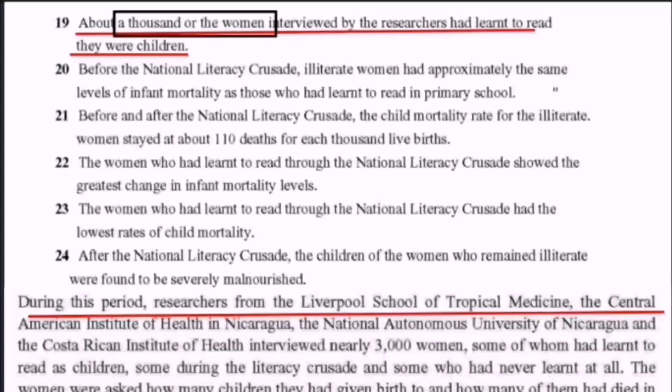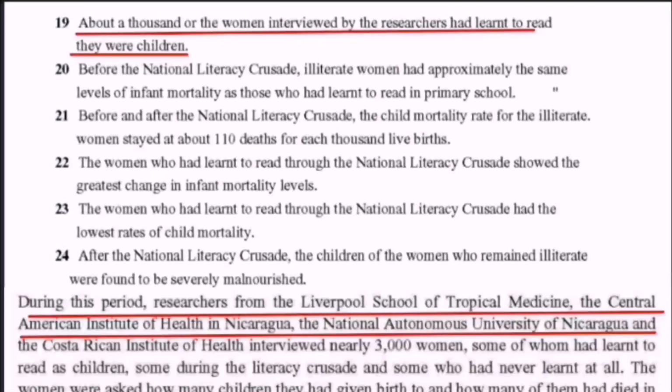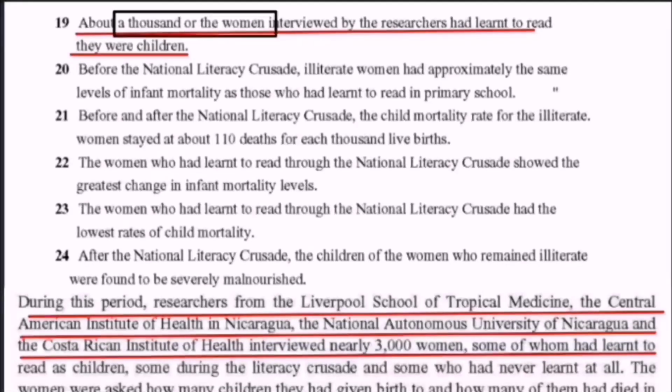In paragraph 4: during this period, researchers from the Liverpool School of Tropical Medicine, the Central American Institute of Health in Nicaragua, the National Autonomous University of Nicaragua, and the Costa Rican Institute of Health interviewed nearly 3,000 women.